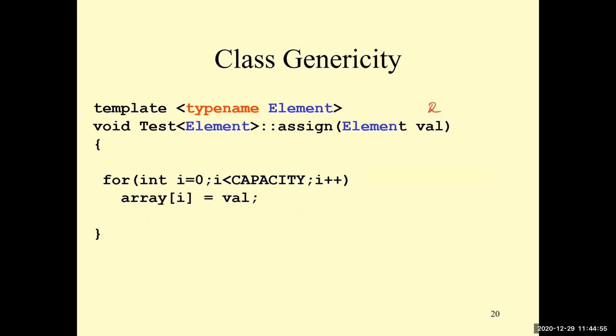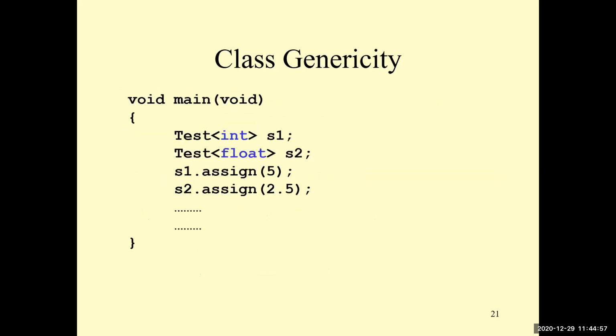Okay, and then as I told you, when you have to create objects, the angle brackets and the data type that you see here, that is the only new part. Rest everything would remain the same. The way you call the function with a normal class, you use exactly the same syntax to call the function, right? If it's an object, you write s1 dot and name of the function.